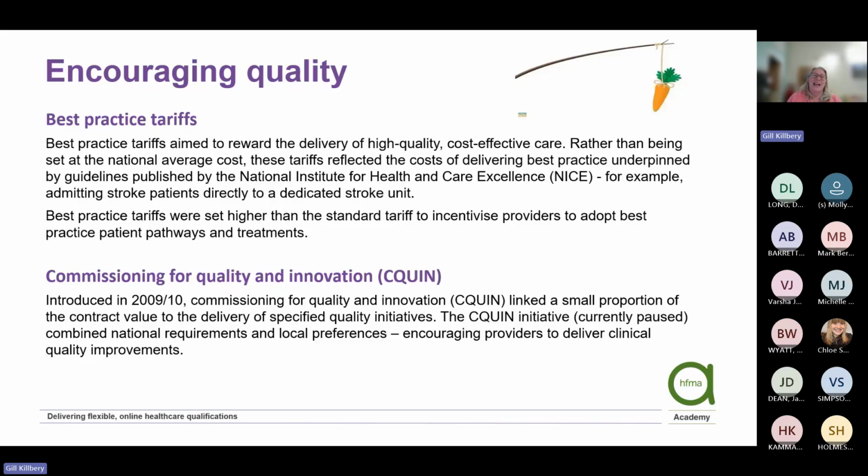They're there to reward delivery of high quality, cost-effective care, and it's aimed to incentivise the movement. Things like a stroke patient's pathway. If they follow the best practice pathway, the provider gets more money for it. There's a maternity pathway as well. They're set higher than the standard tariff to incentivise that adoption.